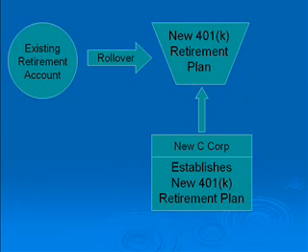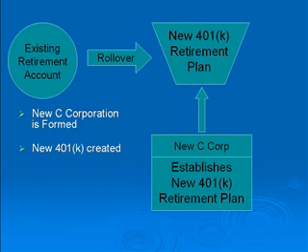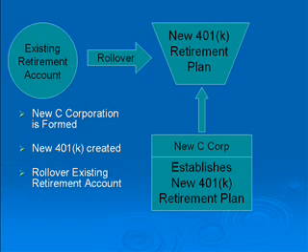Now let's look at a diagram. Again, we had the new C corporation formed. That C corporation established a new 401k retirement account. The owner of the C corporation then rolled over existing retirement account funds to the new 401k plan.